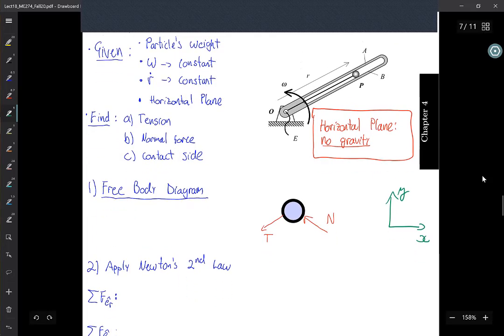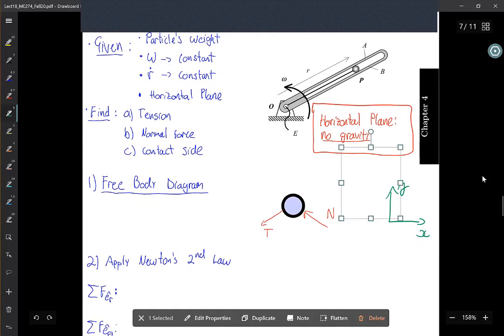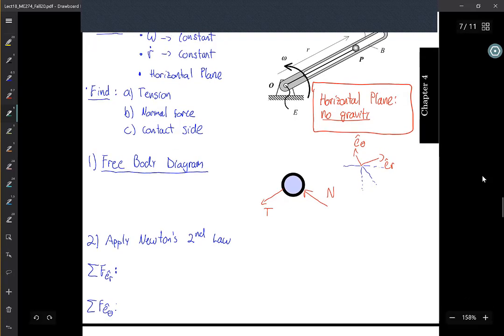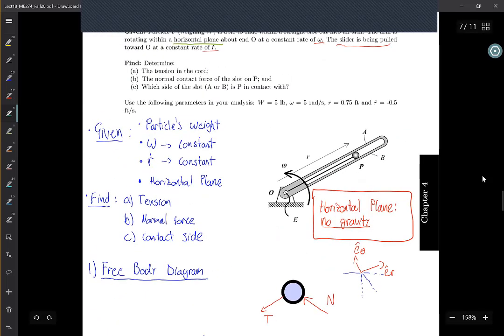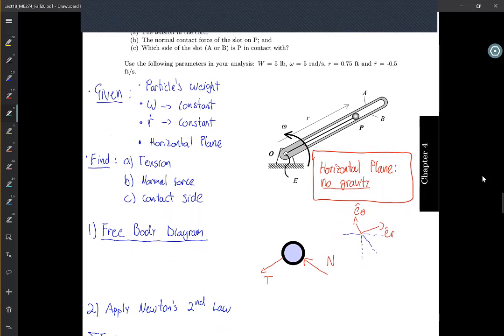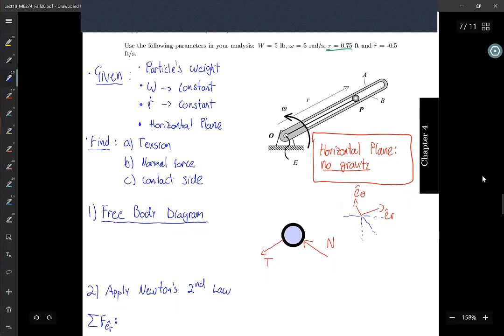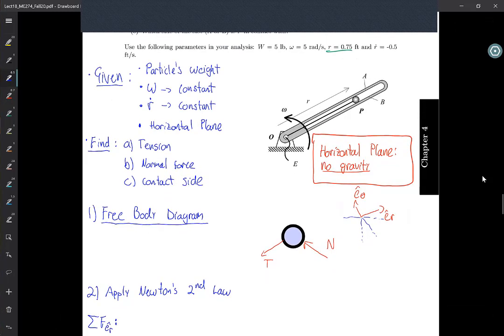So we can use polar, and polar is going to make our life far easier because we will see that the thing we're told is the distance from O to the particle.